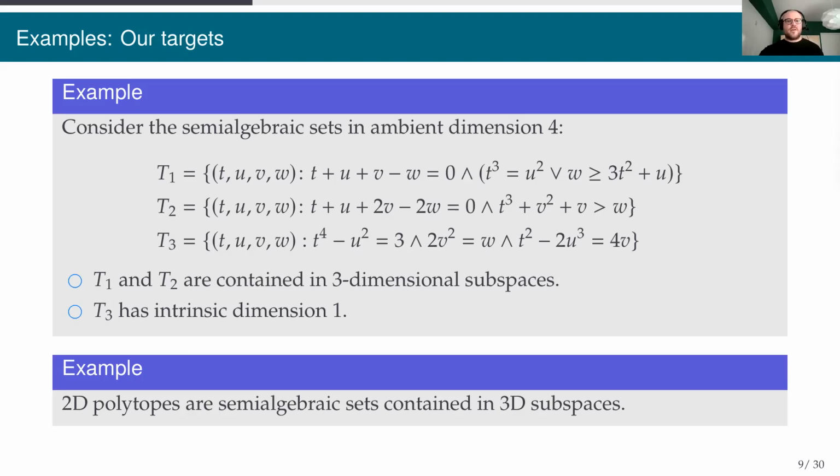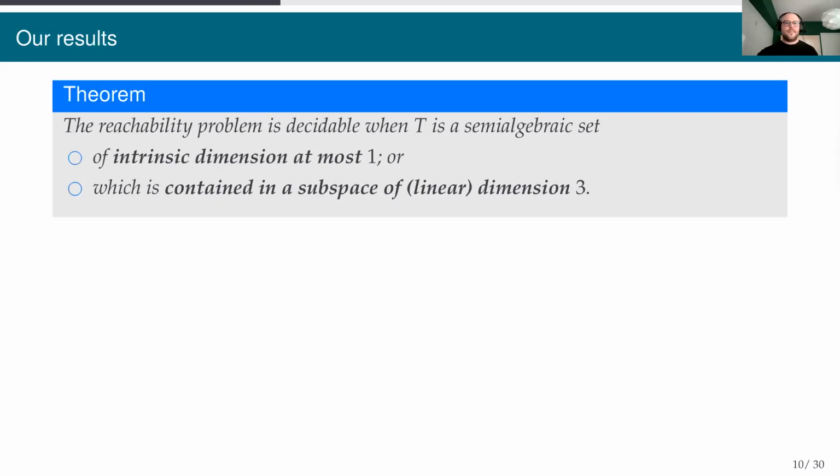Either you're contained in a three-dimensional subspace, or you have intrinsic dimension 1. And this is the theorem. The reachability problem is decidable when T is a semi-algebraic set of intrinsic dimension at most 1, or which is contained in a subspace of linear dimension 3.